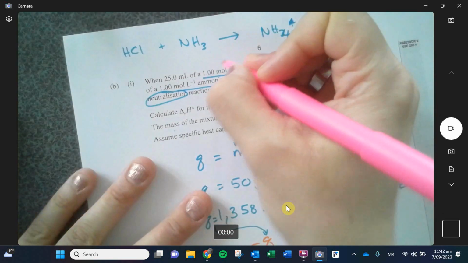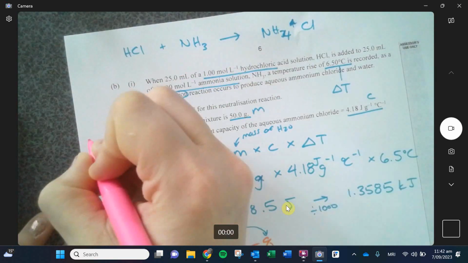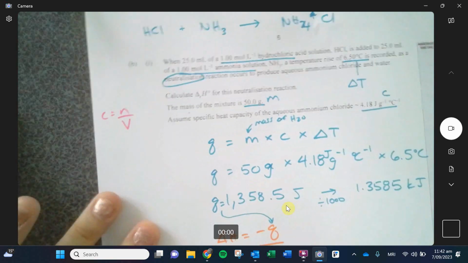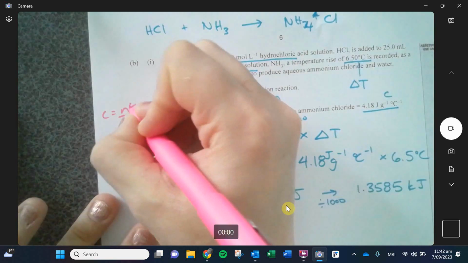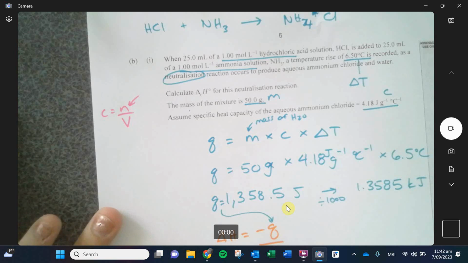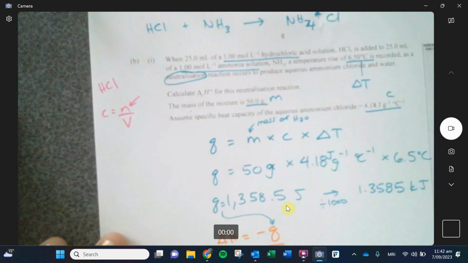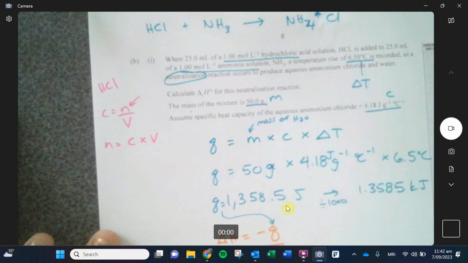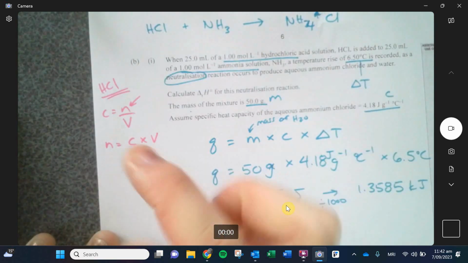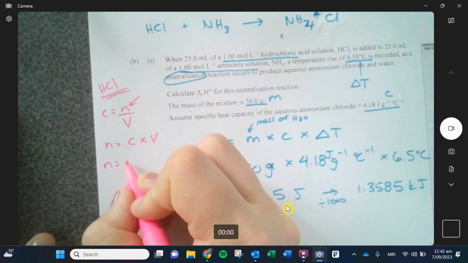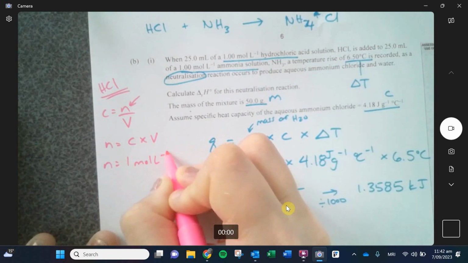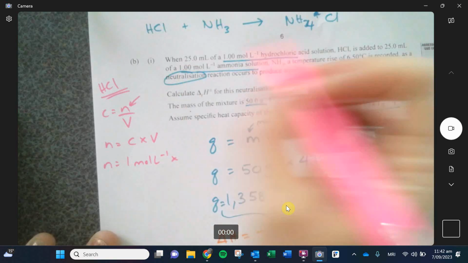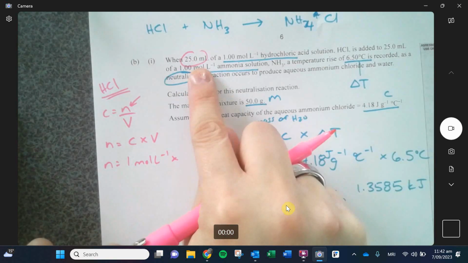if concentration is equal to n divided by V, because I want to find the n value, I would need to rearrange it. n would equal C times V. So for the hydrochloric acid, n would be equal to 1 mole per liter times, in this case, 25 mils, so we need to divide that into liters.